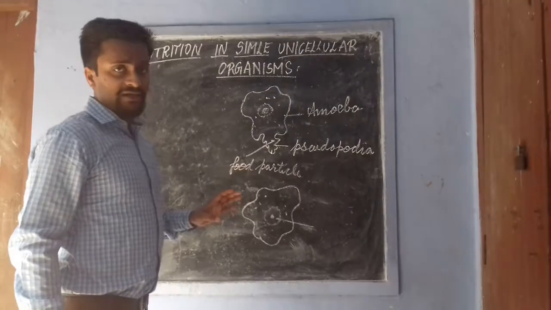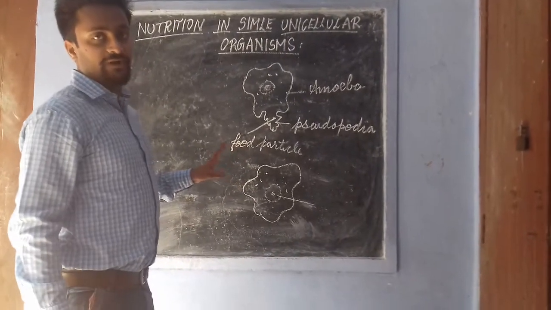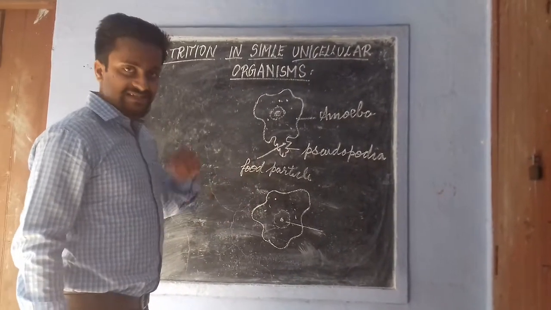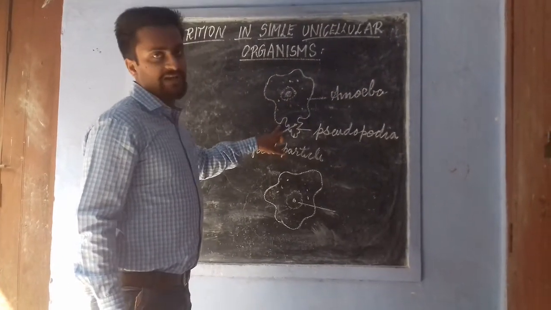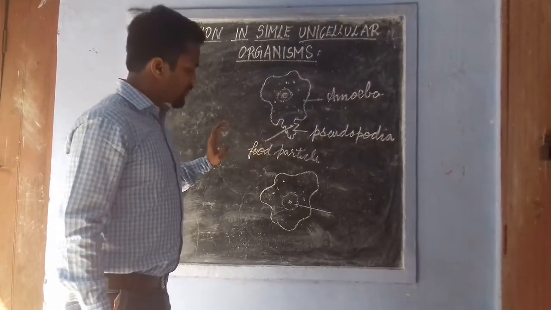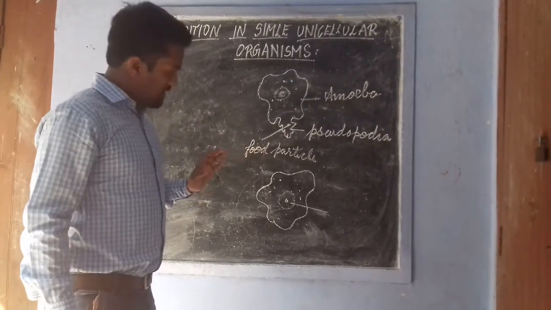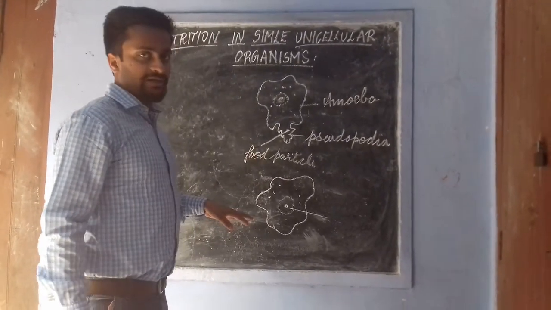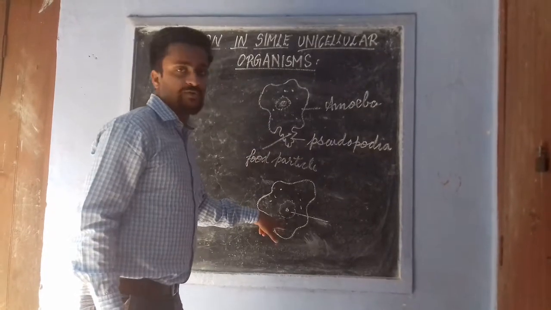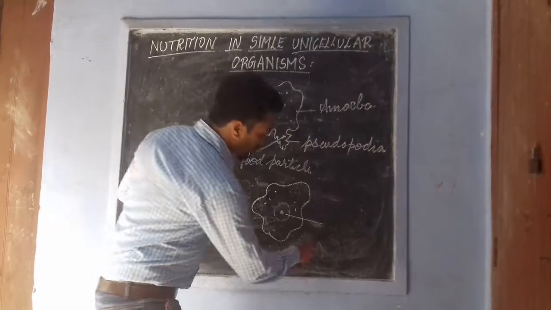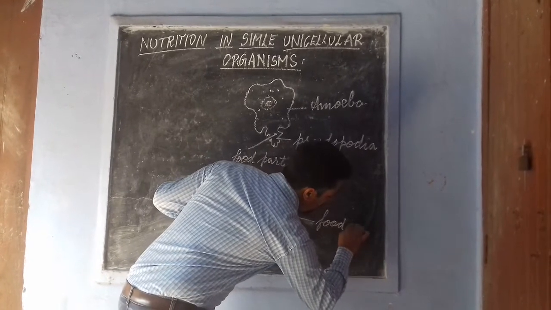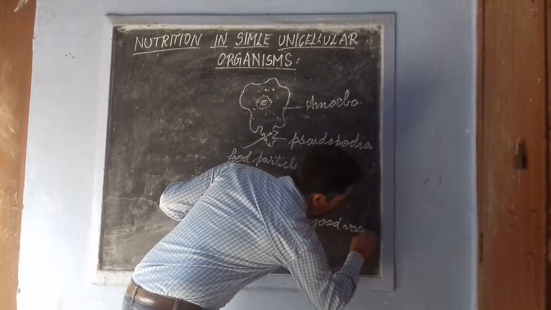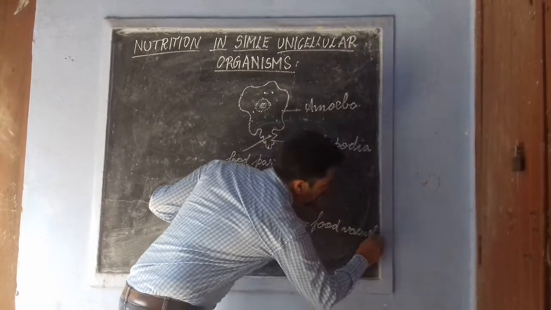Since the amoeba has no mouth for ingesting the food, the ingestion of food takes place with the help of these finger-like projections, which are called pseudopodia. After the engulfing of the food particle, a temporary food vacuole is formed, and this food vacuole can be considered as the stomach. And here, the process of digestion of food particles takes place.